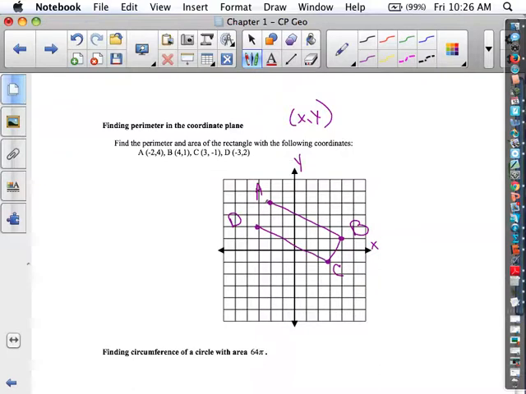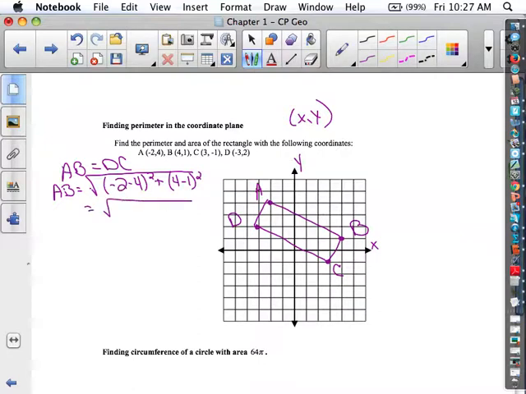and therefore we'll only have to do the distance formula twice, because we know that AB is the same length as DC. We'll actually prove that later in the year, but for right now, we're just going to accept that as fact. So the length AB is equal to the square root of (-2 minus 4) squared plus (4 minus 1) squared.